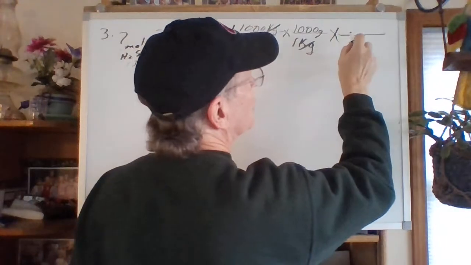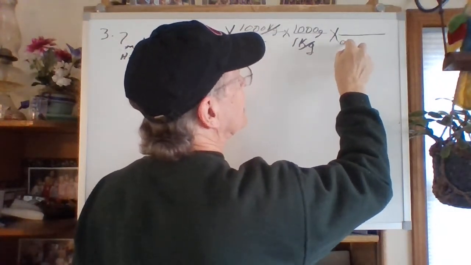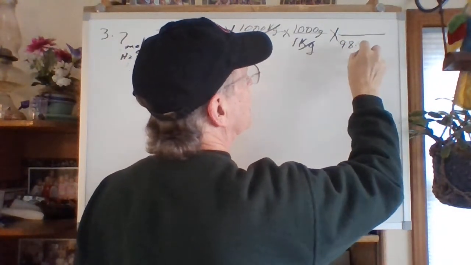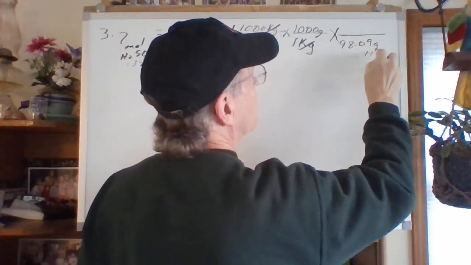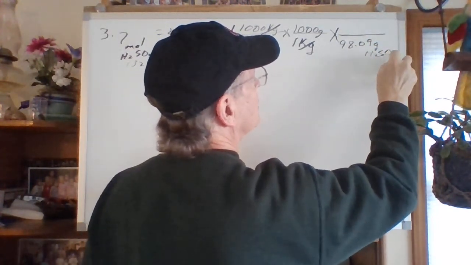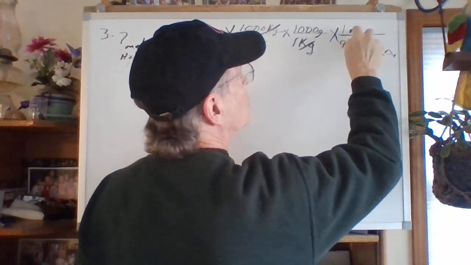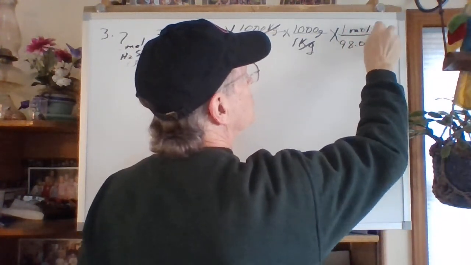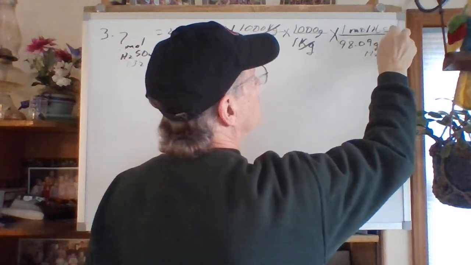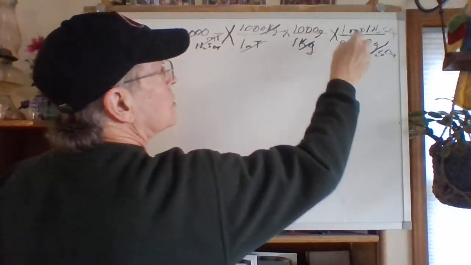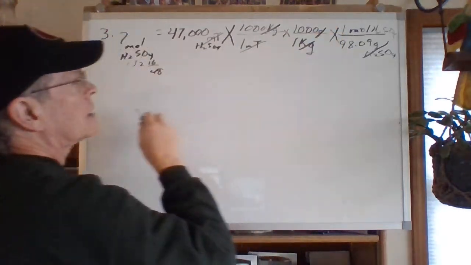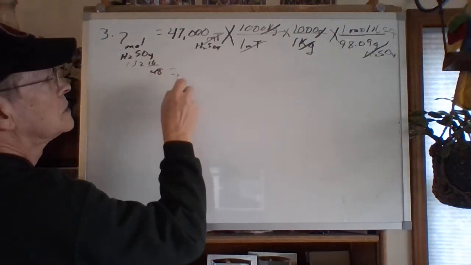If you want 4 significant figures, it would be 98.09 grams of sulfuric acid is a mole of H2SO4. Got rid of the unit grams of sulfuric acid, and we're left with moles.